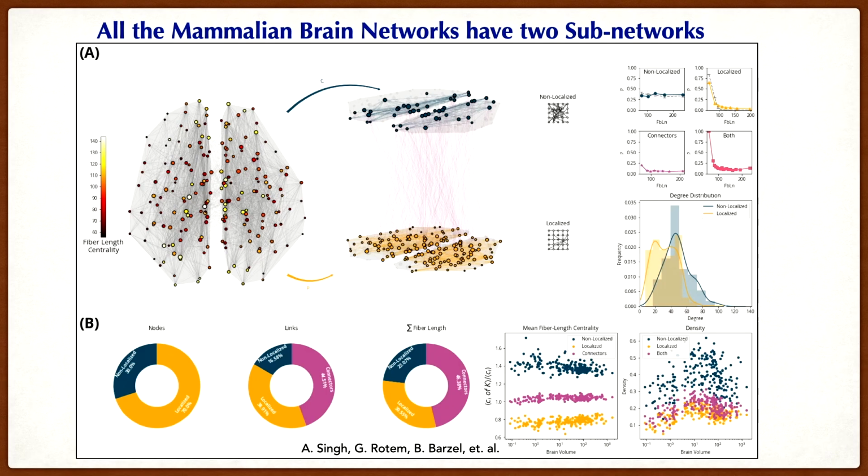This is explained by the coexistence in the mammalian brain of the small world as well as the random feature. One subgroup is following the random architecture, connected randomly, and another is following the spatial small world property.